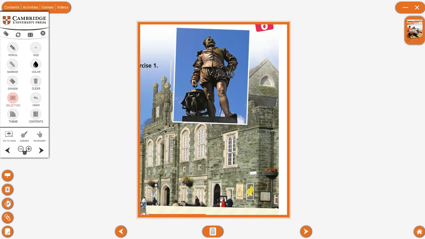Sir Francis Drake was one of the commanders of the British fleet that fought against the Spanish Armada's attempts to invade England in 1588.